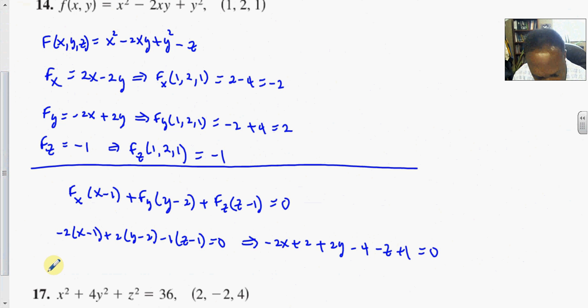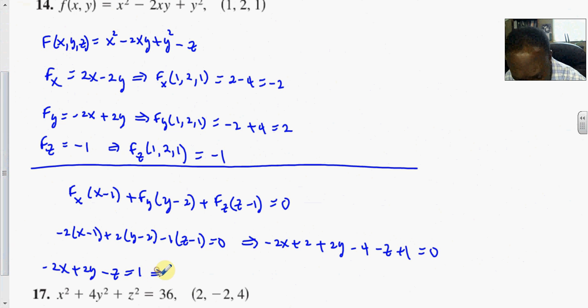And then we can write this as negative 2x plus 2y minus z. Let's get the numbers on the other side. So this is 2 minus 4 is negative 2 plus 1 is negative 1 on the left side, and so it becomes a positive 1 on the right side. And then just multiplying through by a negative, you can clean that up. This is 2x minus 2y plus z is equal to negative 1.